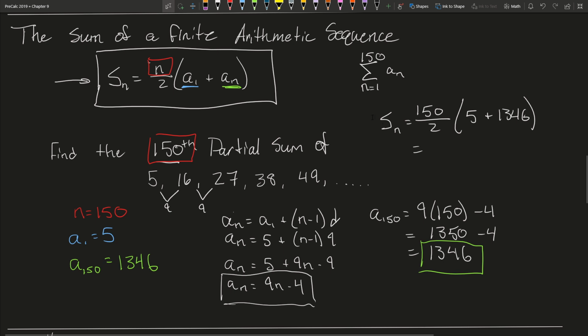And when we evaluate this, we should get 101,325. Should D equal 11? Yes. Yes, it should.